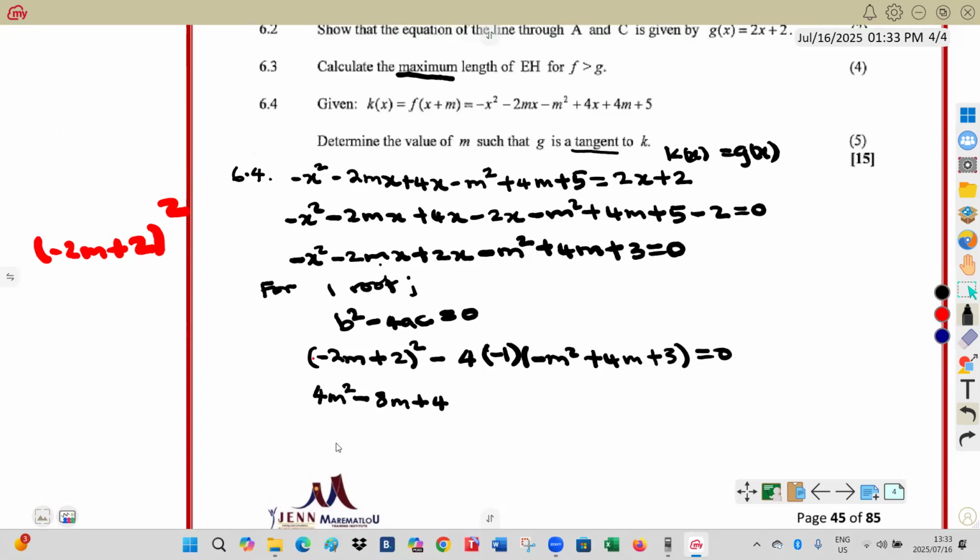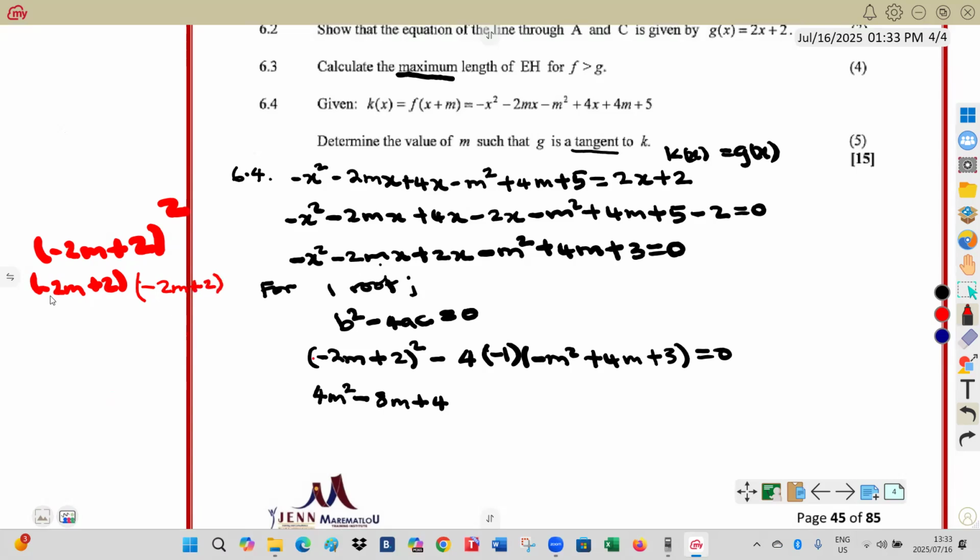But if you are not comfortable expanding that way, you need to go back to the basics, whereby you multiply a binomial by a binomial. So what does that simply mean? It means we are going to have minus 2m plus 2, the first bracket. Because we said squared, we will put another one, which is minus 2m plus 2.